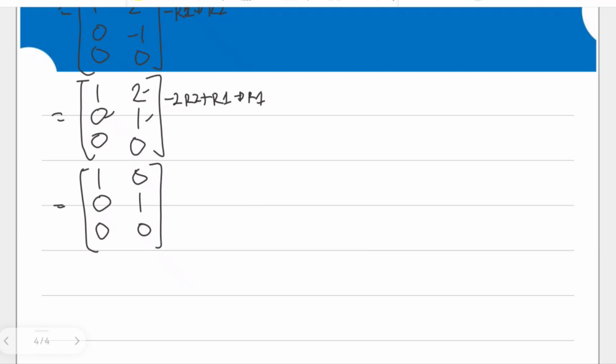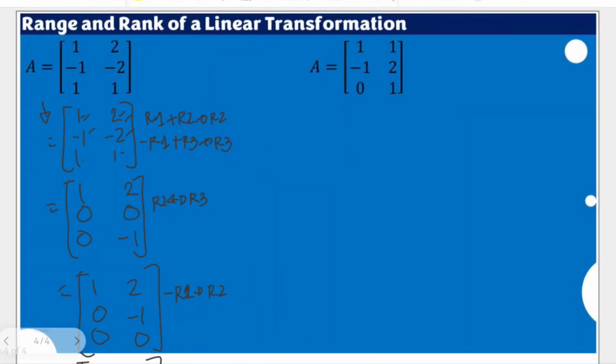Looking at this, both rows contain leading 1. In short, they are both pivot columns. Once we have identified that, these same columns on our initial matrix here, this column and this column as well, comprise our column space, and that column space is equal to the basis of the range of this matrix.